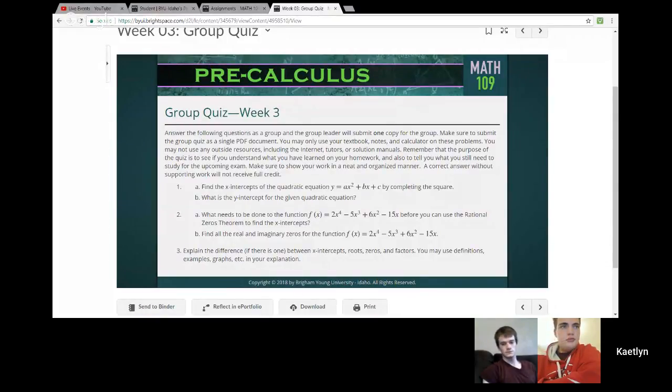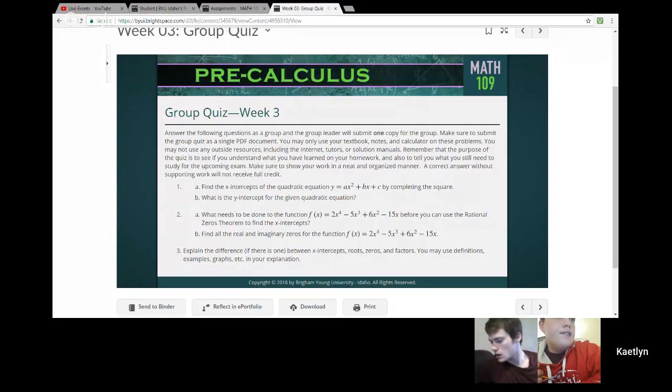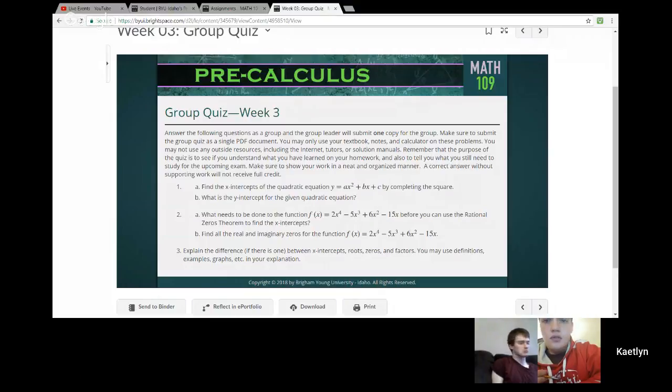The x-intercept for it is just gonna be the h and k, I'm pretty sure, right? Or is it 0? So we have to complete the square to find the x-intercepts. Yeah, we have to complete it.